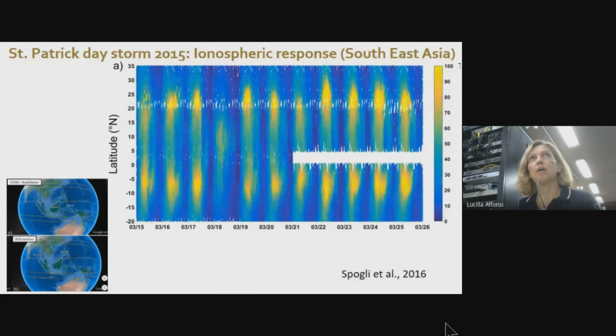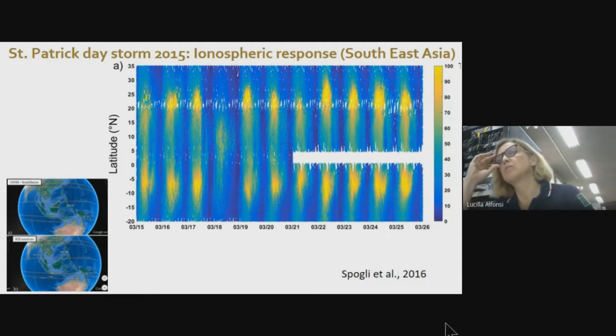This is a paper that was co-authored by our colleague Pasquali and us. And this is related to the response of the ionospheric sector over Southeast Asia. This is a reconstruction of TEC along the time.